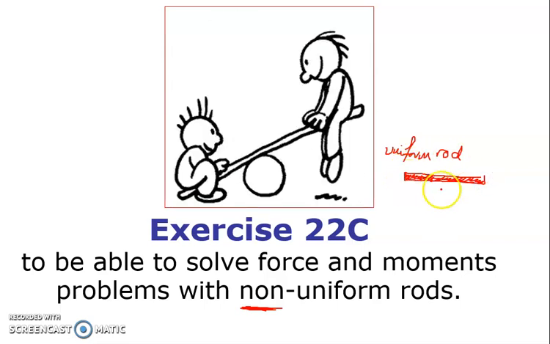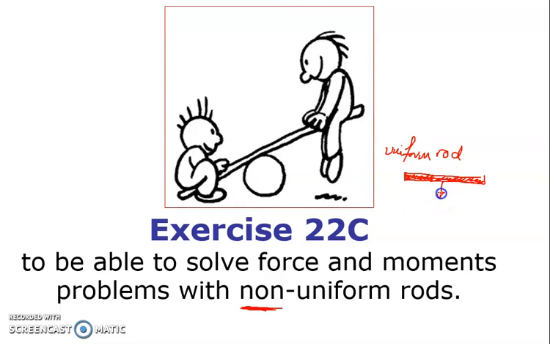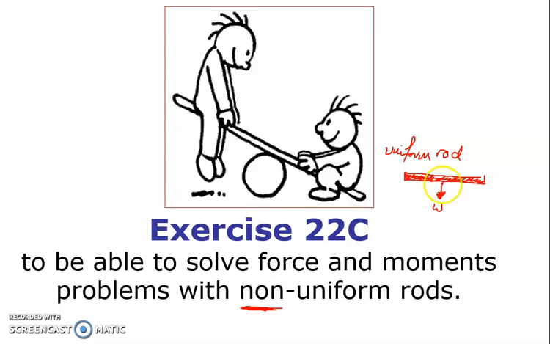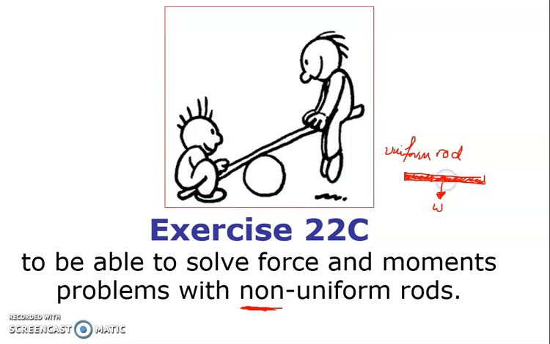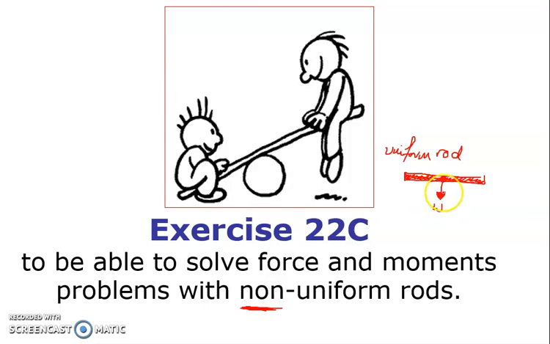It might, I suppose, depending on what's at each end, but for the moment, on a uniform rod, we basically assume that that's where the weight acts. This is called the center of mass, this point where it acts. And the weight acts down through the center of mass, and that weight then is right at the center of the uniform rod.